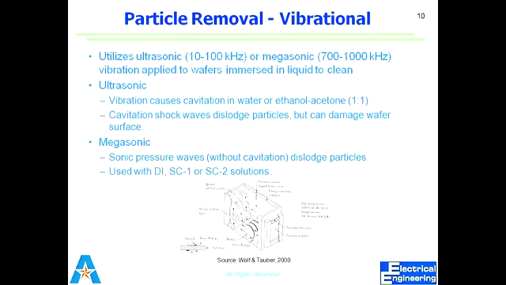Okay, because we are basically discussing the cleaning process, dry etching is also one of the processes used to clean the surface. As I told you, oxygen plasma is a very commonly known process to clean the wafer surface. The other ways we can clean the surface are named vibrational methods.